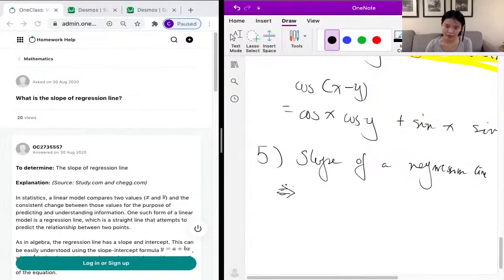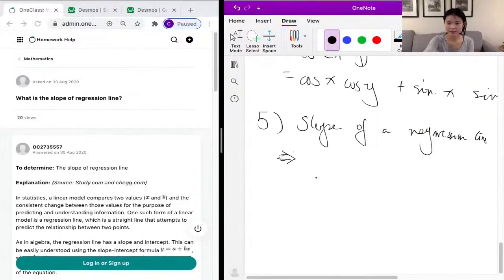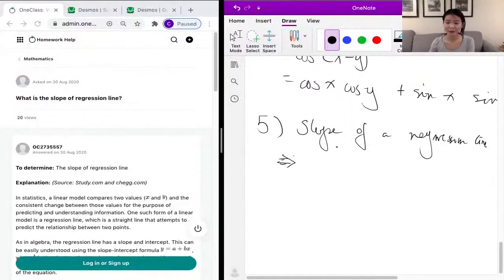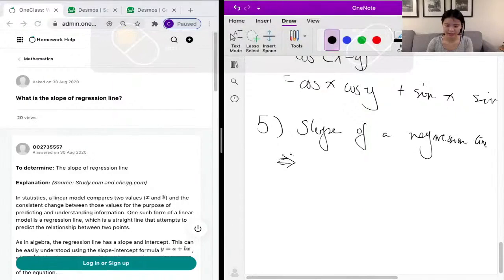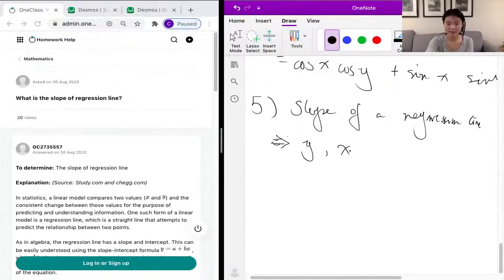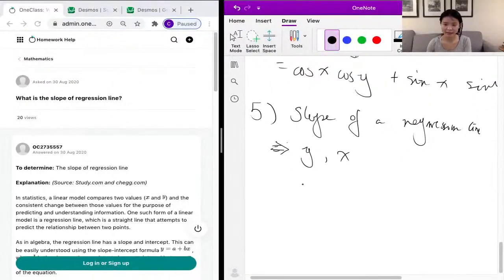First, let's talk about the response and explanatory variables. So for linear regression in statistics, you have the y's and you have the x, which is somewhat similar to the y's and x you see in calculus, but not exactly the same.